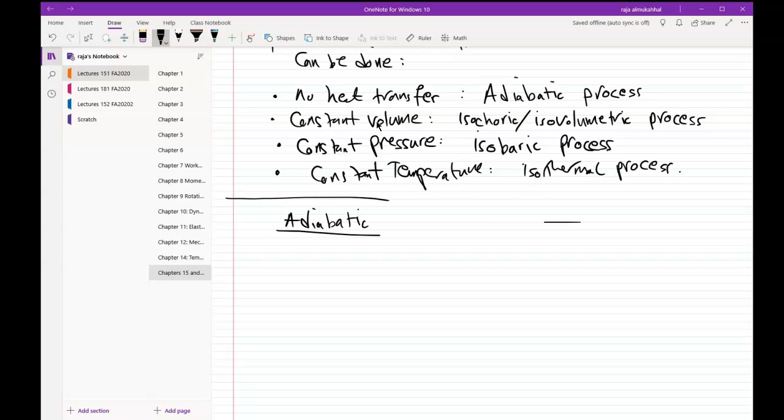So imagine you have a cylinder piston system. Here is the cylinder, okay? Here is the piston.